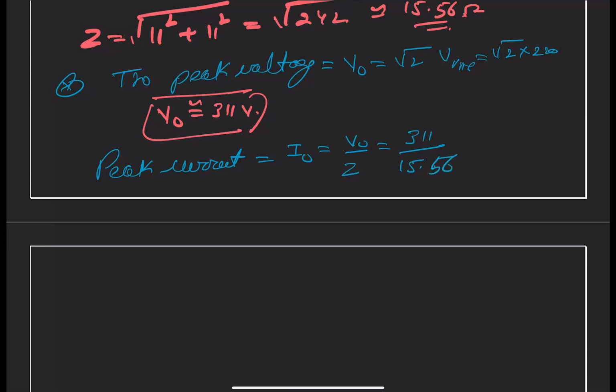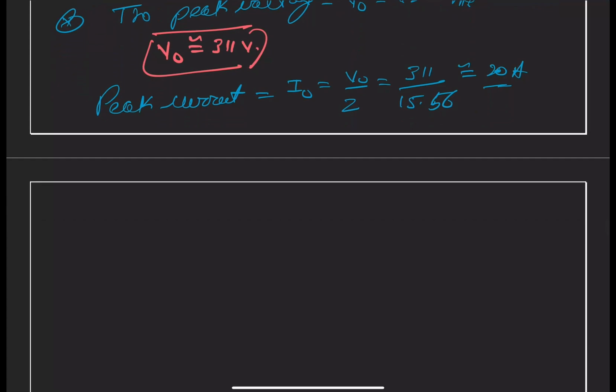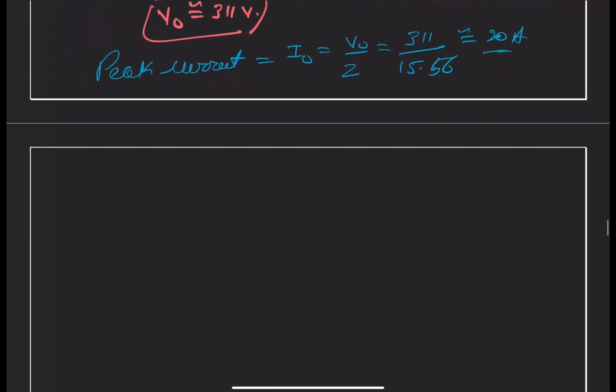So the peak value of the current will be approximately equal to 20 amperes. Now we know I0, V0, XL, and the value of resistance. So we are going to find out the phase difference between voltage and current.